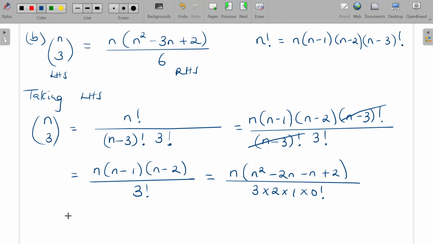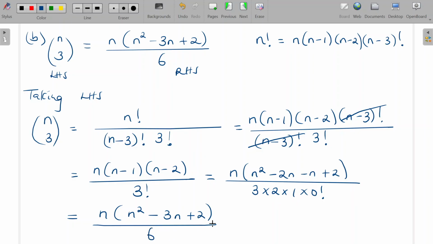Then this will be equivalent to n squared minus 3n plus 2 over 3 times 2, which is 6, times 1, which is 6, times 0 factorial, which is 6.